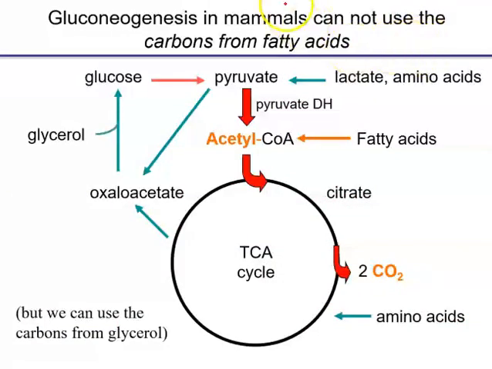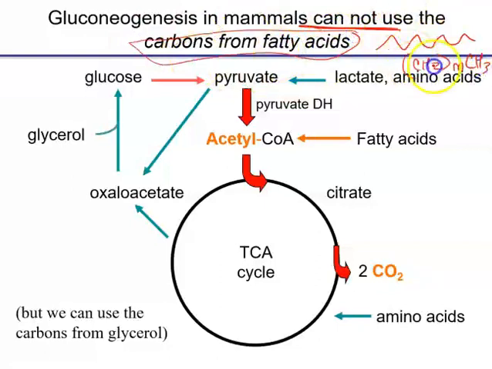Gluconeogenesis in mammals cannot use the carbons from fatty acids. So we cannot use the carbons right in the fatty acid tail from fatty acids, but we can use the glycerol backbone. So we can use the carbons from glycerol in order to build glucose. Let's look at this.